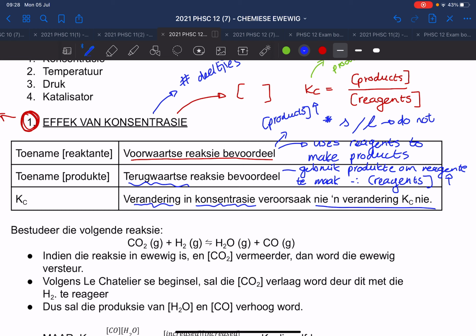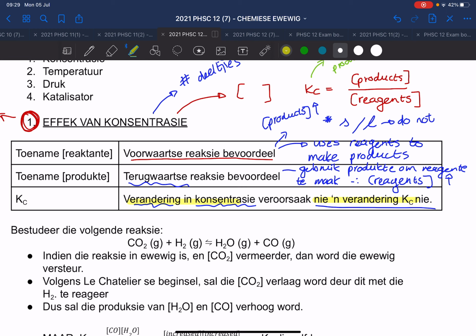Ons sê vir ewewig skuif na regs, die ewewig skuif na links, bla bla bla. En dan moet jy weet watter veranderinge kan die Kc waarde verander. Okay. Nou, daar's net een ding wat die Kc waarde kan verander. There's only one thing that can change the Kc value, and we're going to get to that. You must just know here, the change in concentration, 'n verandering in konsentrasie, gaan nie die Kc waarde verander nie. It does not change the Kc value.